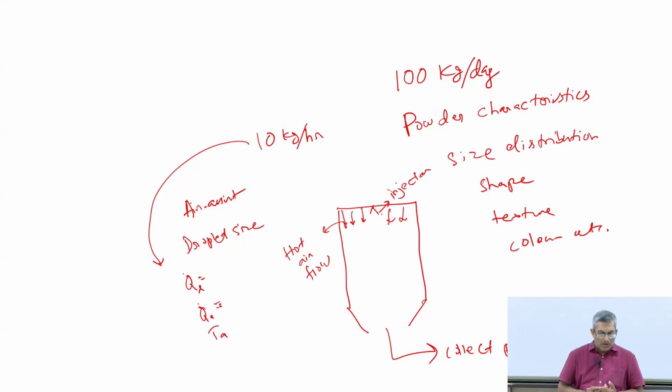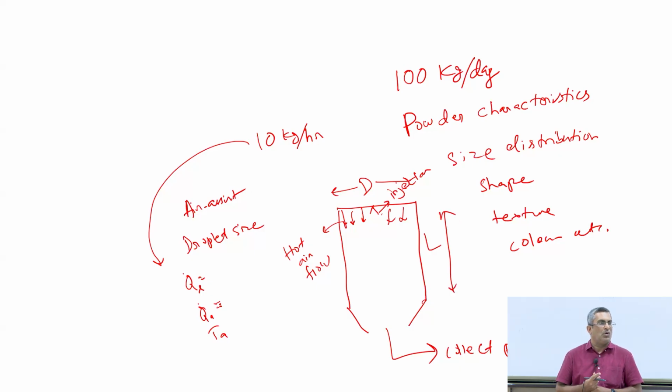Now, how do you decide these parameters? And also importantly, you need to know the dimensions of the spray dryer. The basic dimensions are the diameter of the chamber and the length of the chamber.